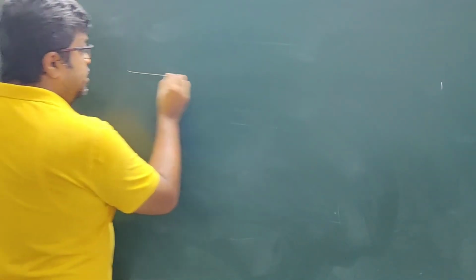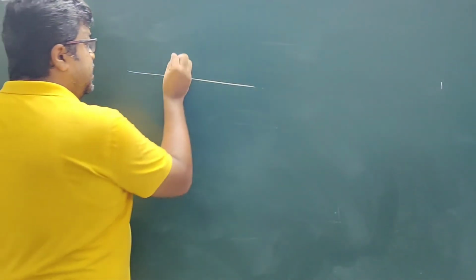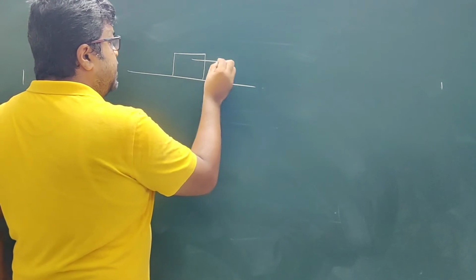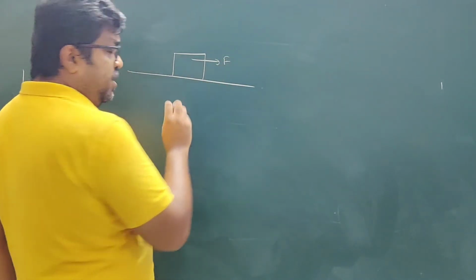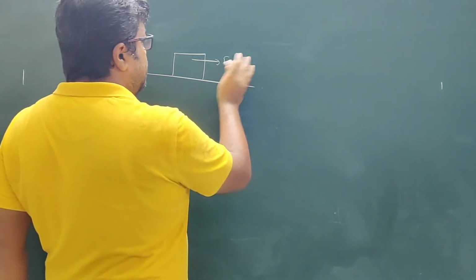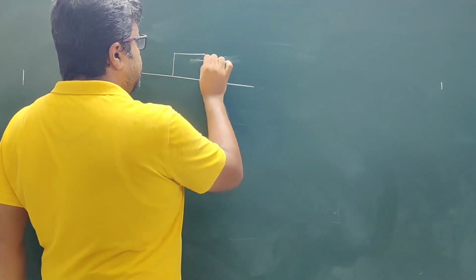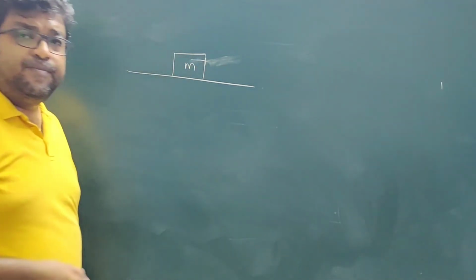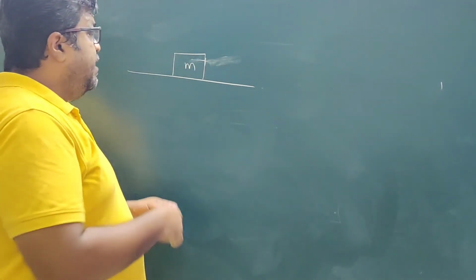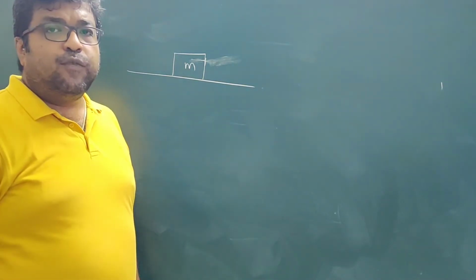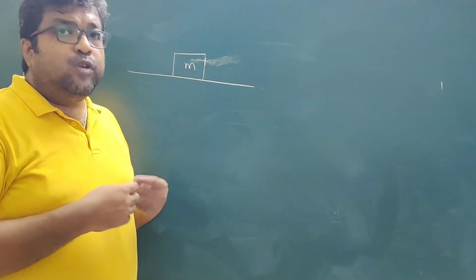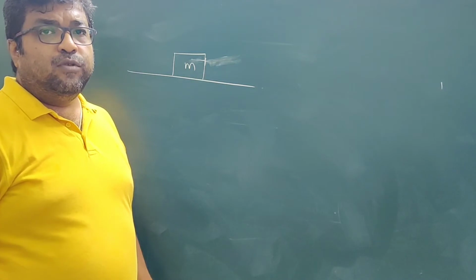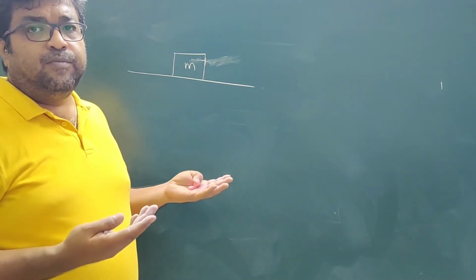Now suppose this is a horizontal surface and this is the block, and it is acted upon by force F. Initially this force is 0. Suppose initially I am not applying any force; the block is just placed. When no horizontal force is applied, there is no tendency for the block to move, so there is no friction also.